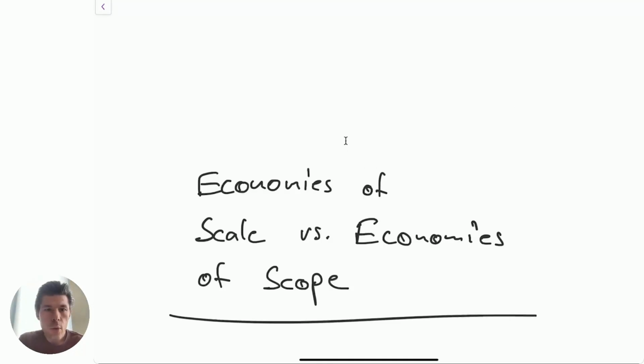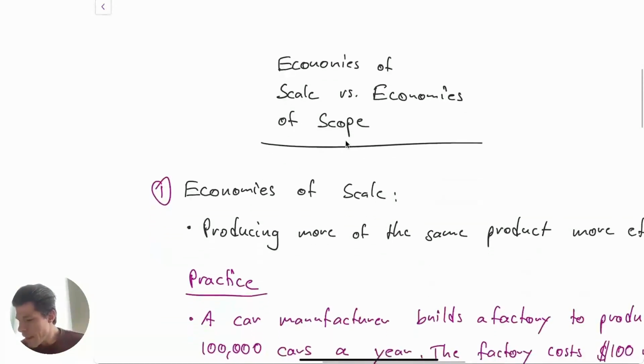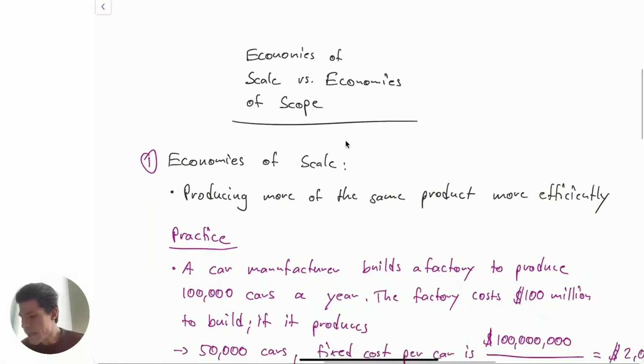In this video, I would like to give you a quick overview about what economies of scale versus economies of scope are. I feel students and young professionals still mix it up, and sometimes it's still a bit unclear what is one, what is the other. In general, economies of scale. Let's start with this. Economy of scale is the cost advantage a company achieves as it increases production volume.